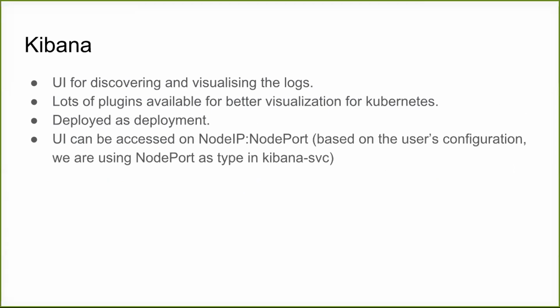It can be deployed as a deployment also, and it can be accessed on node IP and node port. We are using node port as the service type, but you can use it as per your preference.